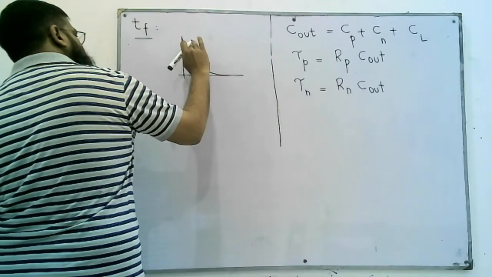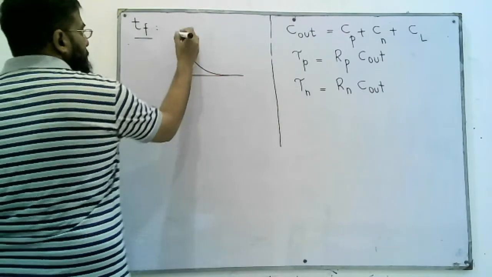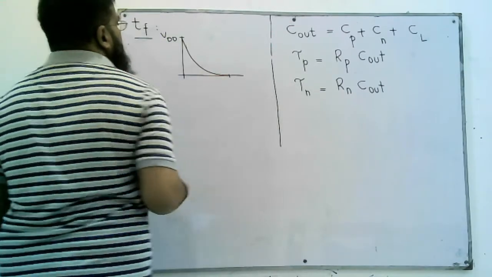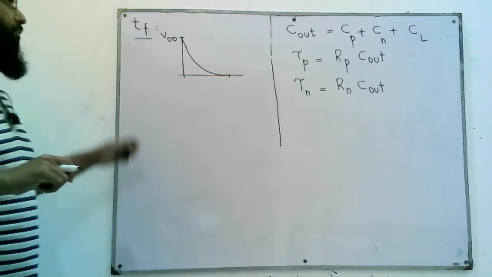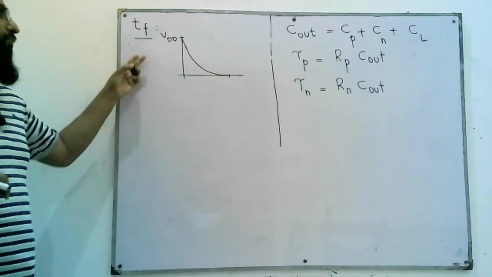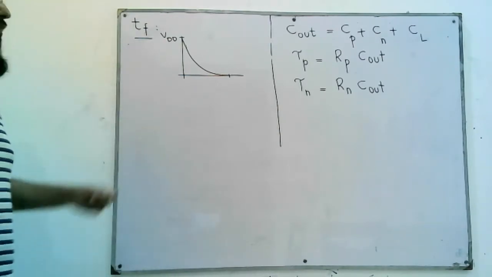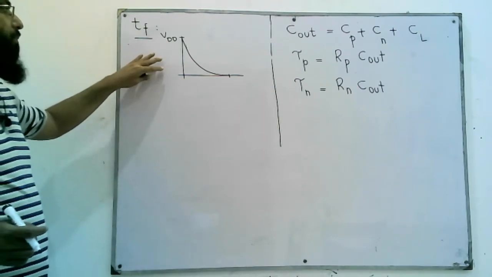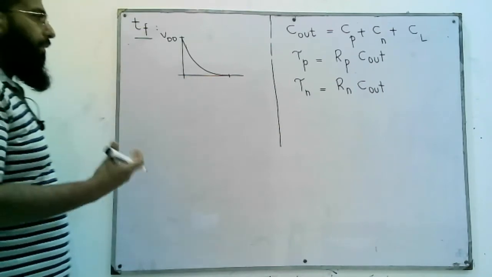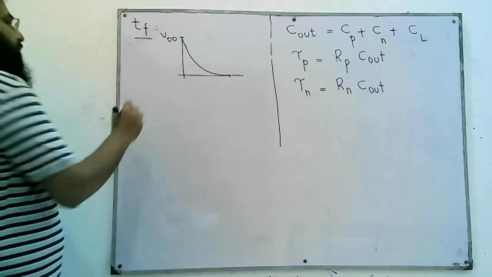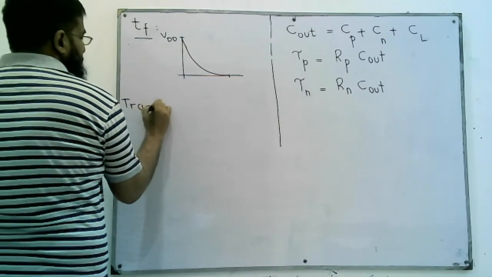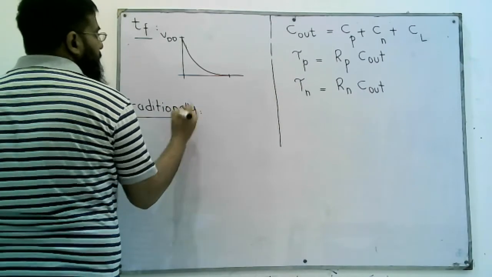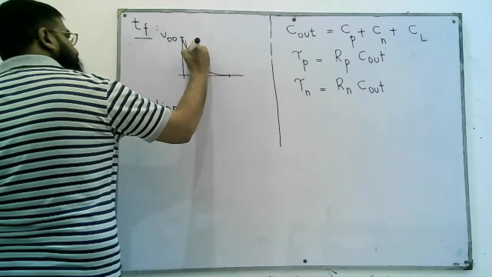That fall time is caused when the input switches quickly from logic 0 to logic 1, the output goes from logic 1, VDD, to logic 0 because it is an inverter, but it cannot follow as quickly as the input does. Therefore there is some delay, and the delay we call fall time. Traditionally this fall time is like this.